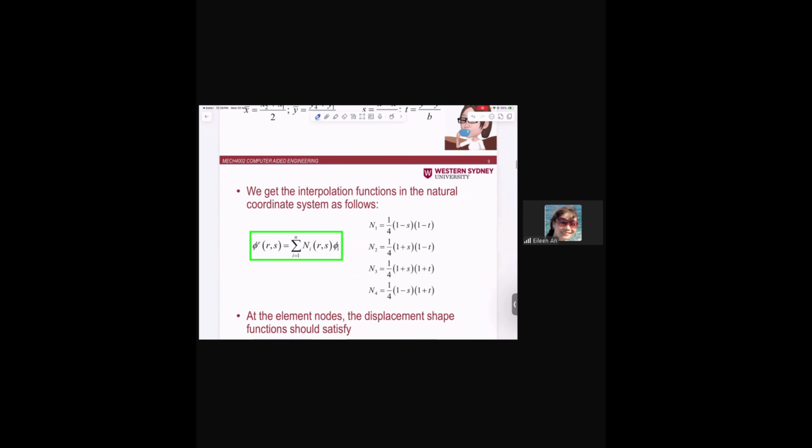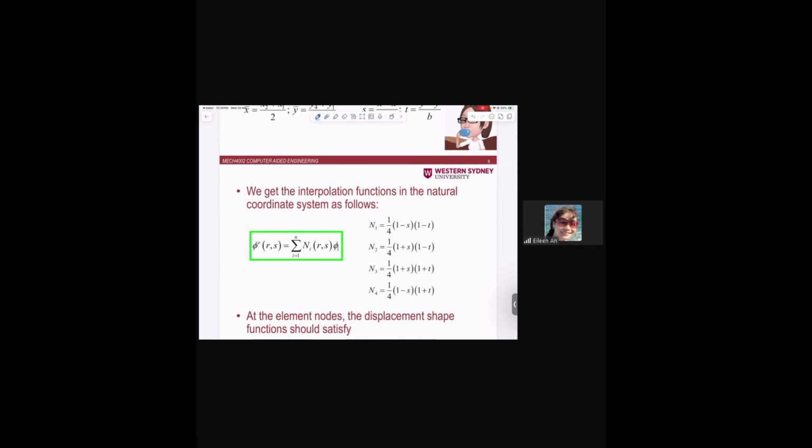Okay, now let's have a look at those equations. These are the shape functions in its local coordinate system, and sometimes we call it the neutral coordinate system. So they are the same thing. In different textbooks or articles, they call it differently. But neutral coordinate system and local coordinate system mean the same thing. Okay, now in its local coordinate system, those are the shape functions.